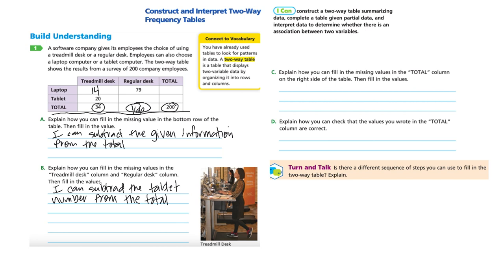So C, explain how you can fill in the missing values in the total column on the right side of the table, then fill in the values. So with this one, you can add the 14 plus the 79.